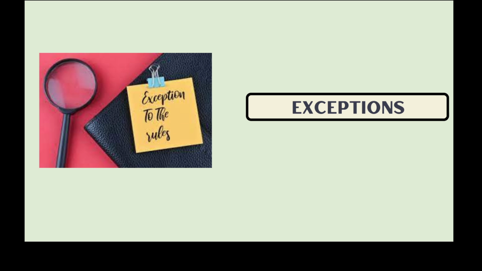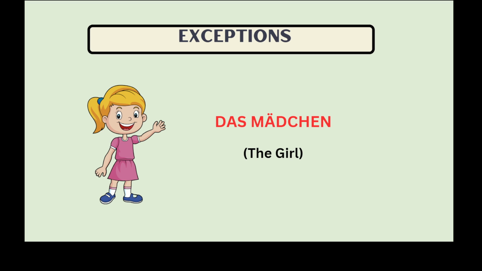While the gender rules for German nouns are generally consistent, there are some exceptions. Some nouns break the gender rules and use a different article than expected. Let's look at some examples of such nouns. Mädchen, which refers to a young girl, but grammatically it is neuter and takes the article das.